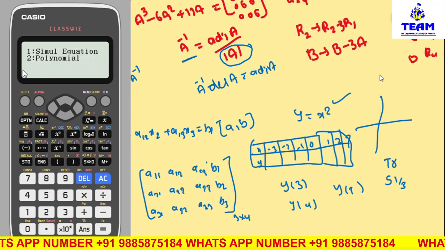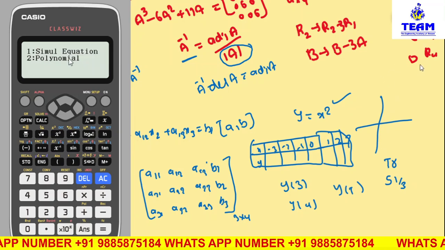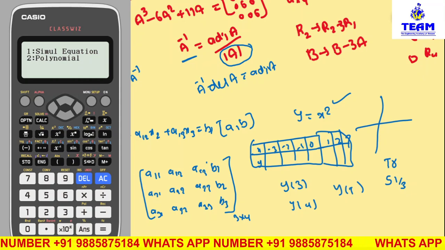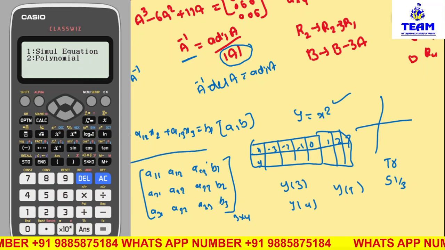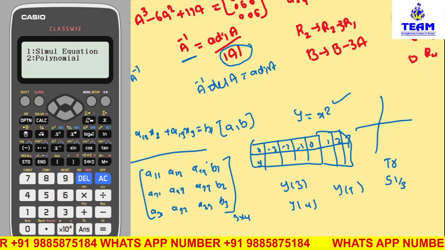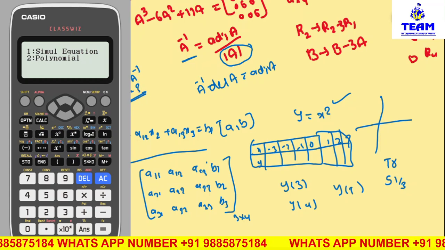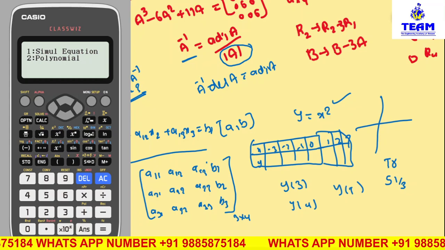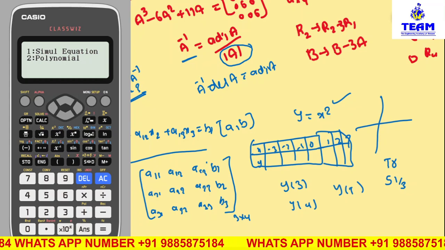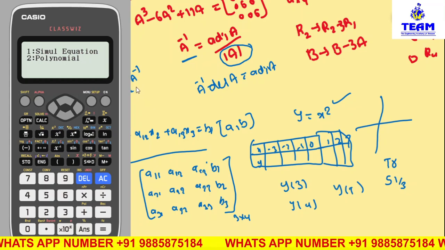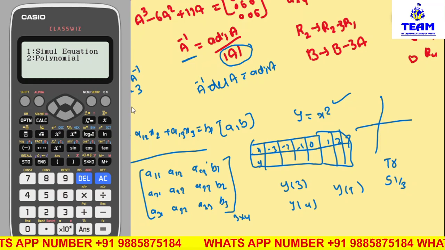You see, friends, equations are of 2 types. One is a simultaneous equation, another one is a polynomial equation. Suppose I write x plus y is equal to 3, and 2x minus y is equal to 7.